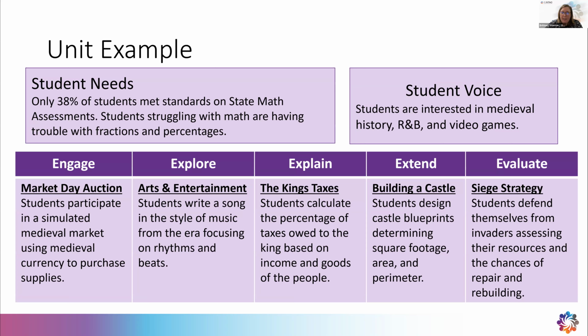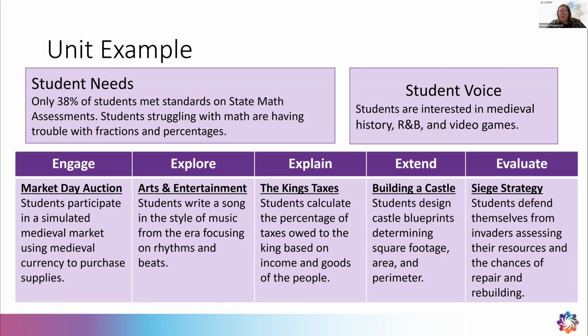So for engage, a market day auction. And so this activity is a simulation. So students would participate in a simulated medieval market using medieval currency to purchase supplies. And this is a short description, but we could elaborate further and have them consider, how much change do they have after a purchase, and do they have enough to make another purchase, right?